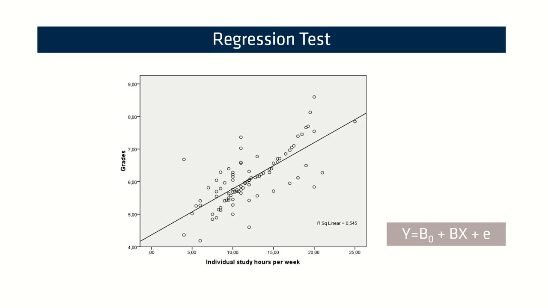B or beta is the gradient, slope, or regression coefficient. Usually, a line that has a gradient with a positive value describes a positive relationship, whereas a line with a negative gradient describes a negative relationship. And x here is a value for the predictor, or in other words, your independent variable, which in this case is individual study time.